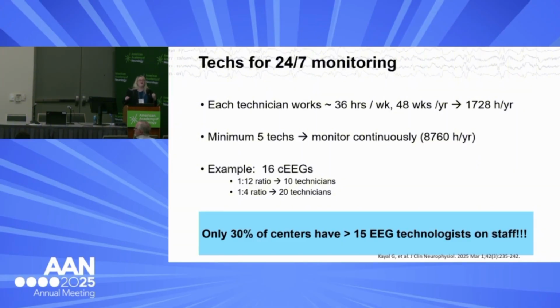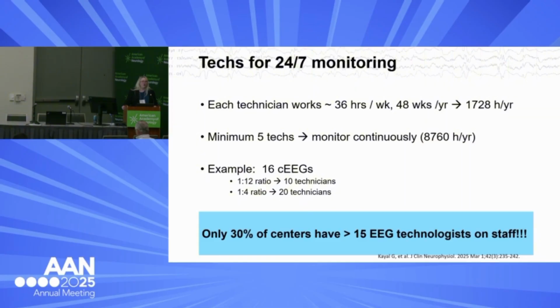The current CPT code says that we should have a ratio of 1 to 4 to provide continuous monitoring. That requires 20 technologists. To get just a 1 to 12 ratio requires 10 technologists.